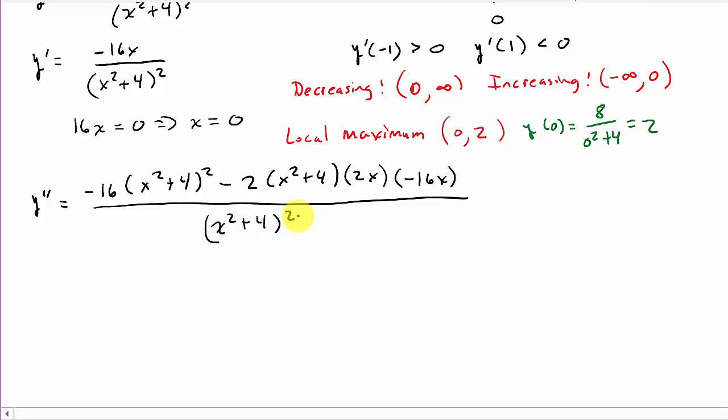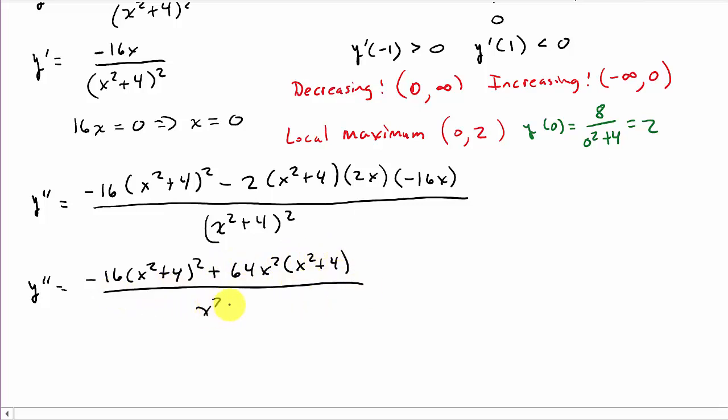All right, so now let's simplify this up some. So that's going to be negative 16 times (x squared plus 4) squared. And that's going to be plus, what is that, 64x squared times (x squared plus 4). All that over x squared plus 4. And, well, look what I did.